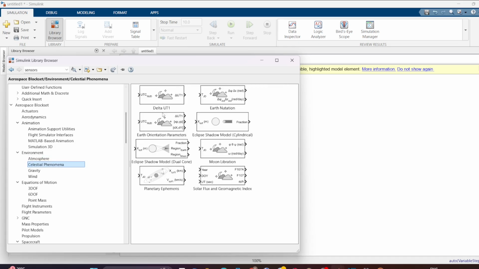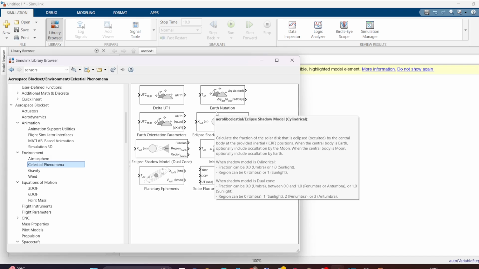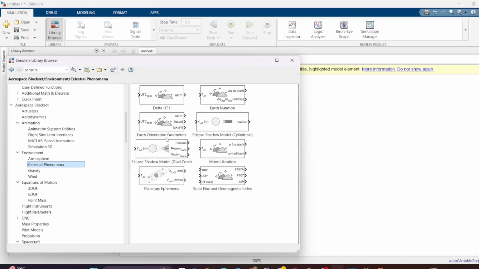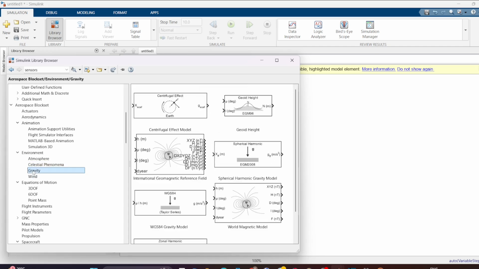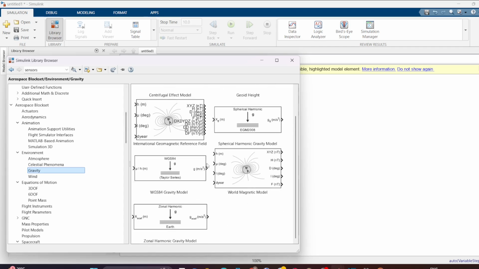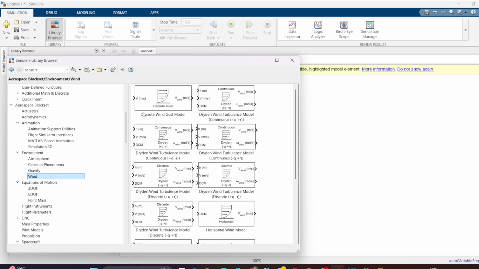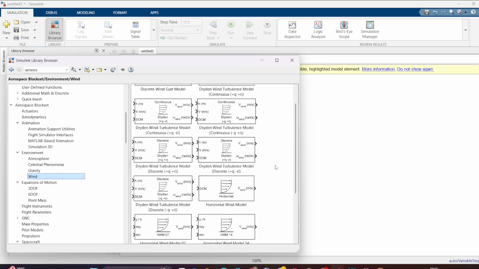Here we have delta UT1, Earth nutation, Earth orientation parameters, moon libration, and the others. Then we have gravity. In gravity there are several blocks also. You can see them one by one. Then we have wind. In wind there is a discrete wind gust model and other blocks also.